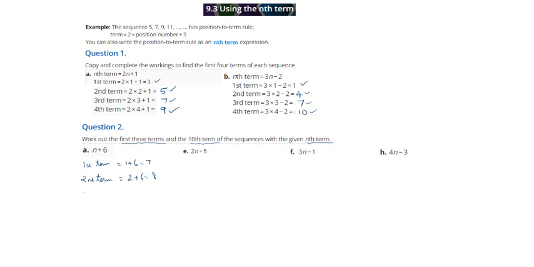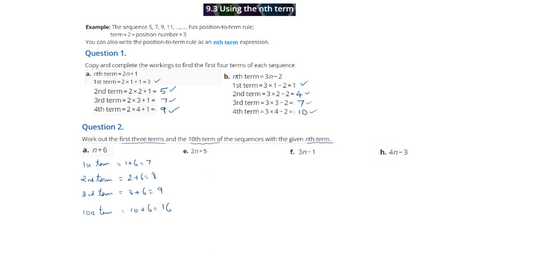The third term is equal to 3 plus 6 is equal to 9. And we need to find the 10th term. The 10th term is equal to 10 plus 6 is equal to 16.